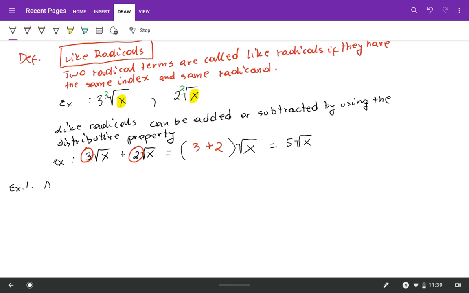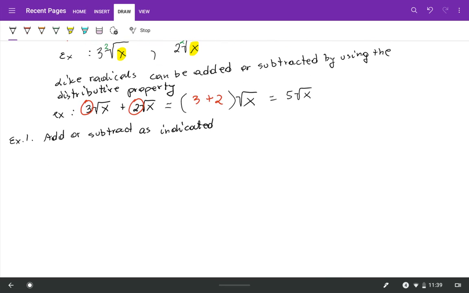Add or subtract as indicated. We have two problems. A: 5 square root of 6 minus 8 square root of 6.